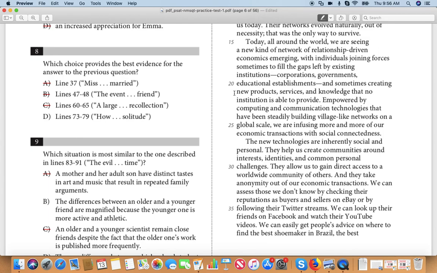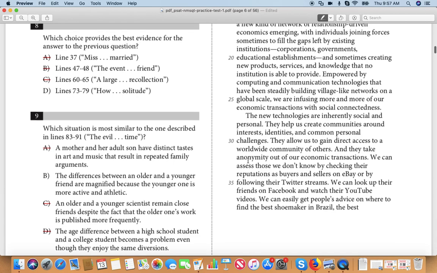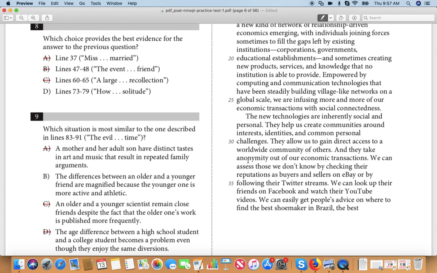Empowered by computing and communication technologies that have been steadily building village-like networks on a global scale, we are infusing more and more of our economic transactions with social connectedness. Okay, do we see a comparison there between individuals and traditional institutions?